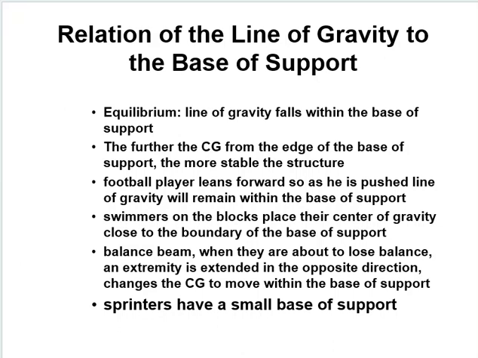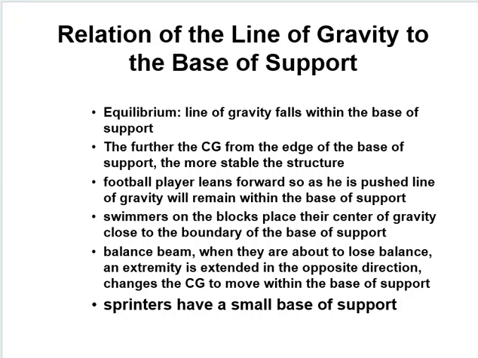So the relation of this line of gravity or center of gravity and the base of support tells us if we're going to be stable or unstable. We are in equilibrium if the line of gravity falls within the base of support. The further the center of gravity is from the edge of the base of support, the more stable the structure.